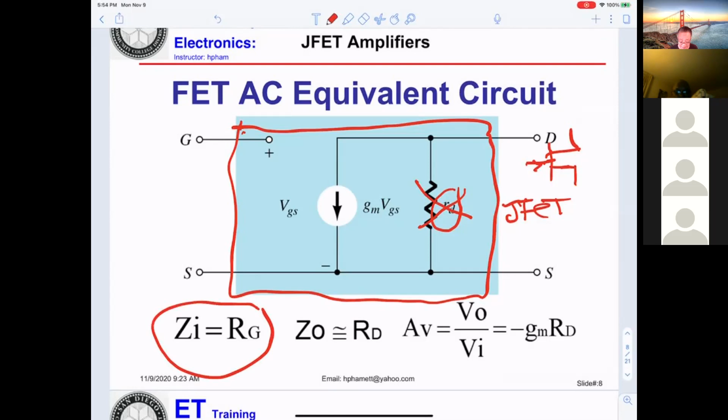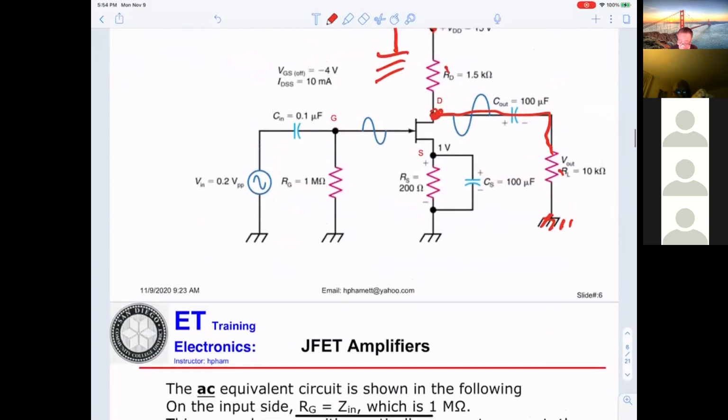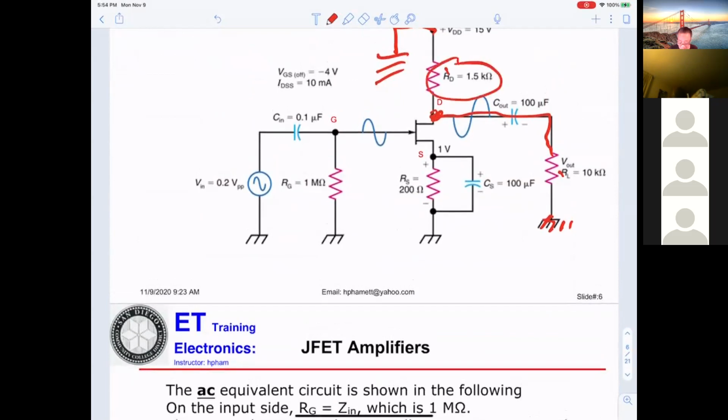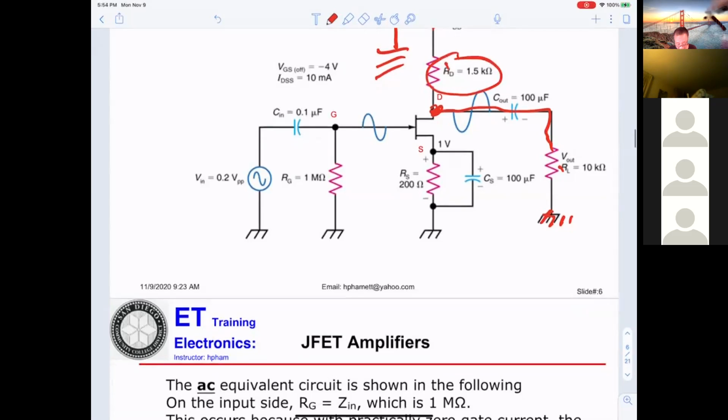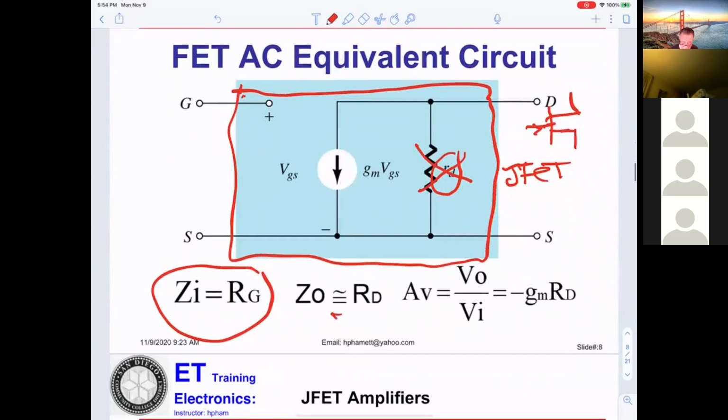That means if you don't have any load, it will be equal to RD. However, if you get a load, then it has to be RD parallel to RL. So in this case, G out equals RD parallel to RL.